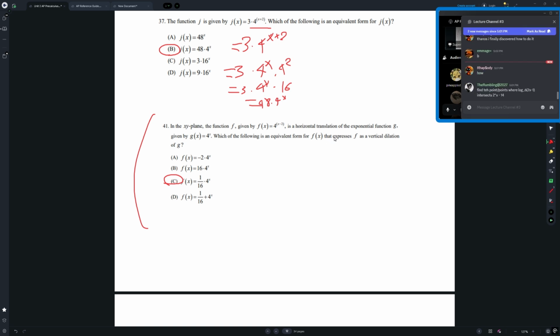It's the same idea as before, 4 to the x times, and then you would split that into 4 to the negative 2.